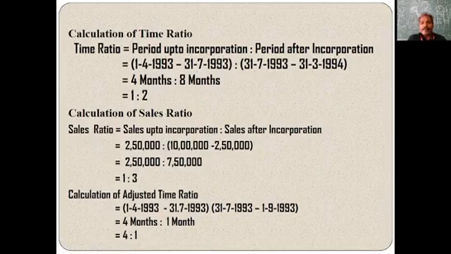From 1/4/93 to 31/7/93, that is 4 months for the period before incorporation. Then after incorporation, from 31/7/93 to 1st September 93, we have in between only 1 month. So 4 months to 1 month. So the ratio is 4:1. This ratio is used only for interest paid to vendor.